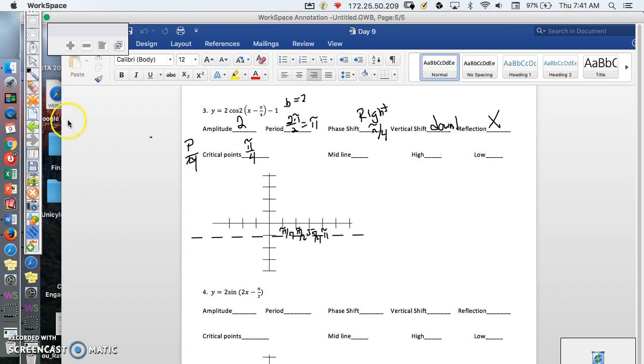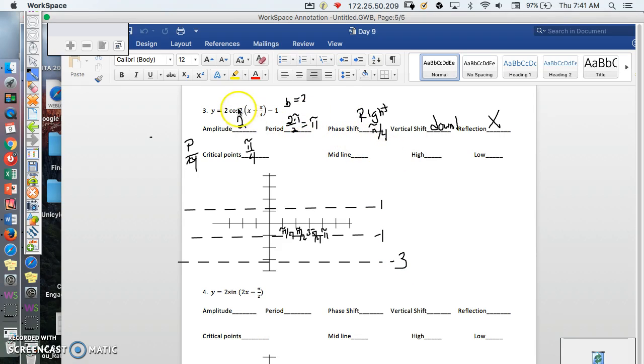So there's our midline, at -1. The amplitude is 2, so 1, 2, 1, 2. So this would be at 1 and -3 because that amplitude is 2.